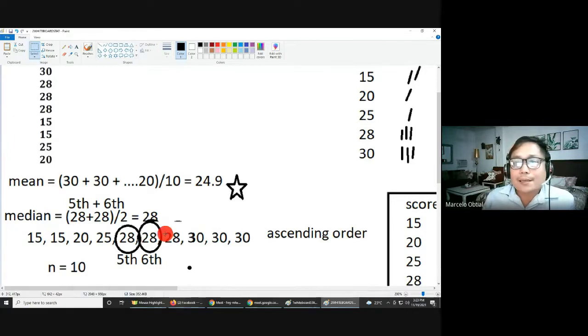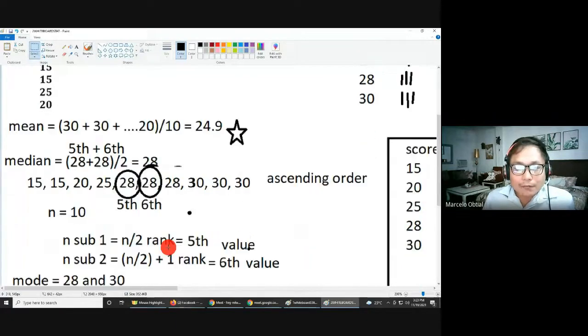In this case, n is equal to 10, which is even. You can do it visually, but when there is too much data, it is hard to do visually. Visually, the 2 middle values are both 28. Then you get the average. So, obviously, the answer is 28.